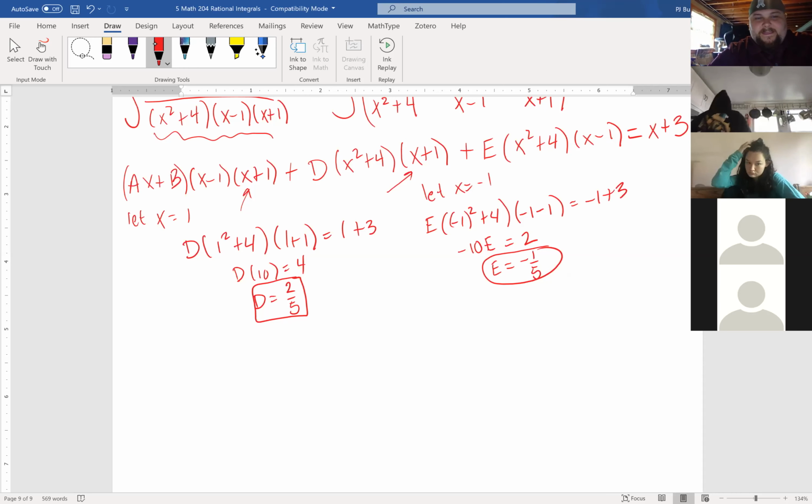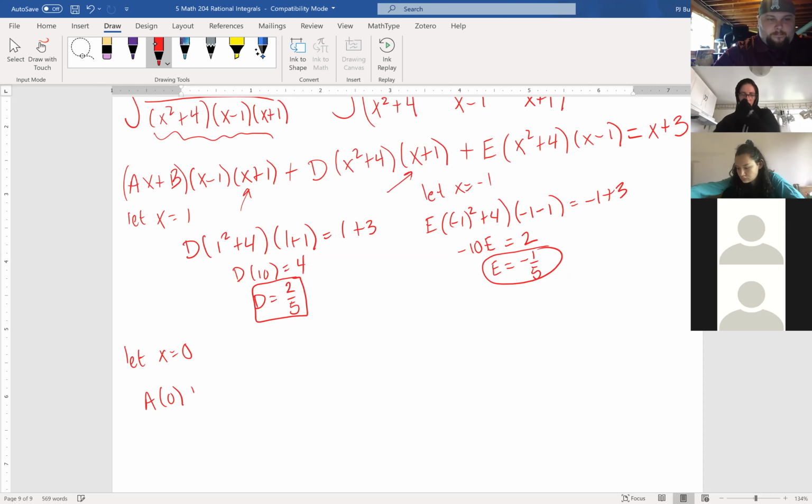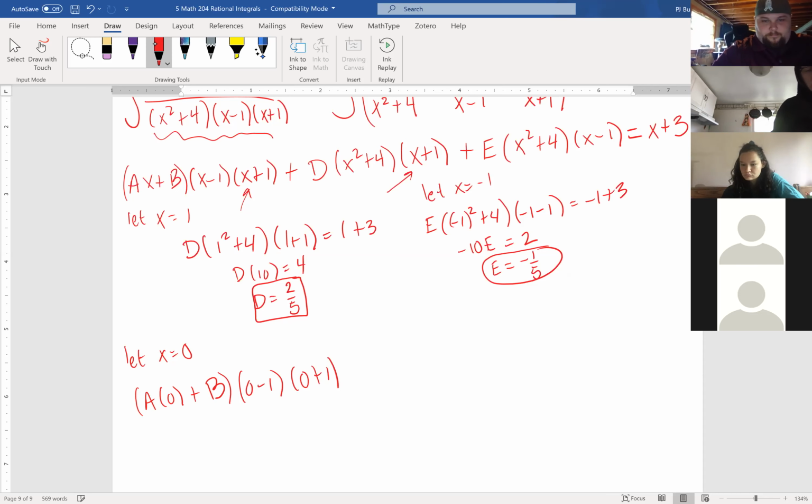So I'm going to let x equal 0. Now if I go through that whole line and plug x equals 0 in everywhere, let's see what happens.